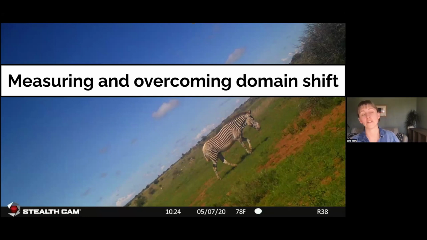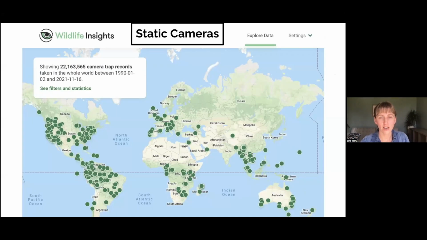So first, looking at measuring and overcoming domain shift, we'll mostly be looking at one type of ecological data, these static cameras or camera traps. What we're looking at here is 22 million camera trap records in Wildlife Insights, which is a global scale data management platform for camera trap data that's a collaboration between around 20 different NGOs and Google Research.